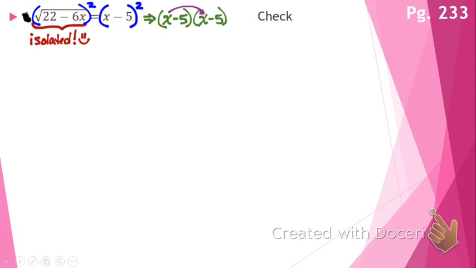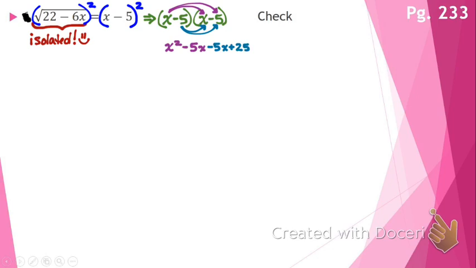I'm going to take the x and distribute it to both pieces. What's x times x? x squared. What's x times negative 5? Negative 5x. Do I need to do any other distributing? Yes, I do. I have to take this negative 5 and distribute it. Negative 5x, and then negative 5 times negative 5? Yep.